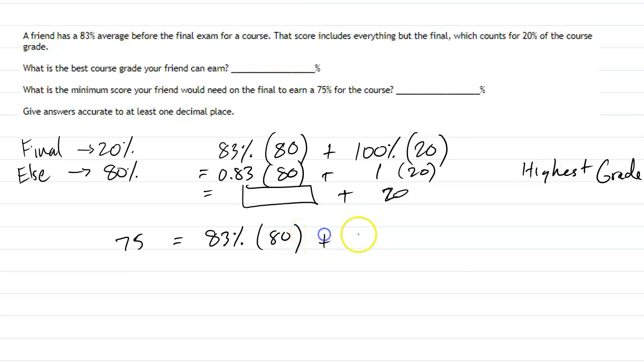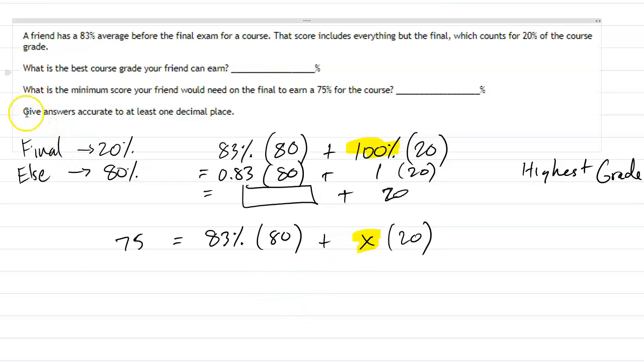But what we don't know is the grade, the unknown is the grade they earned on the final exam. I'll highlight what I'm doing here. 100%. I'm putting X because we don't know the actual score. It's the minimum score on the final exam. And the final exam is worth 20. So you just need to solve for X and determine what that final exam would be to get a 75 in the course.